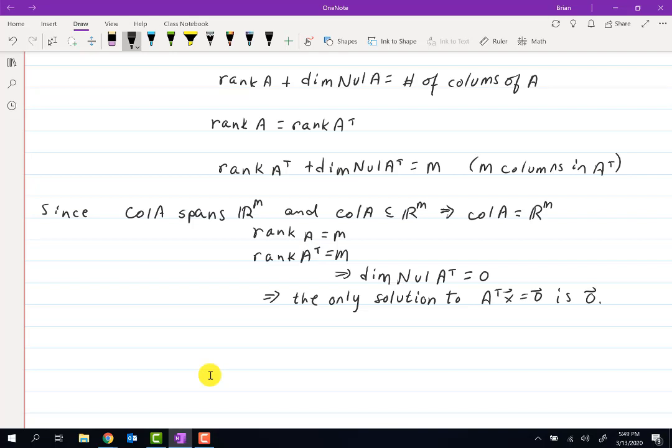Now the other direction, this is, like I said, an if and only if. Now we assume that the only solution to A^T x equals 0 is the trivial solution.